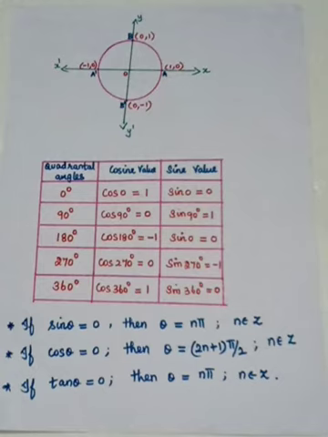I have already said in the trigonometry introduction class that a quadrantal angle means the initial side and the terminal side of that angle should be on the x-axis or y-axis.